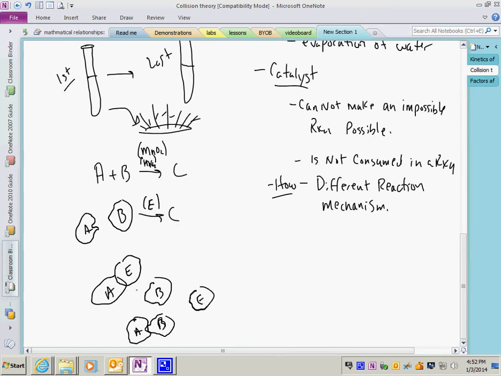So it's a series of events, and it's not the same collisions that we had originally. This would be the original means, and this is a new method of how they get put together.